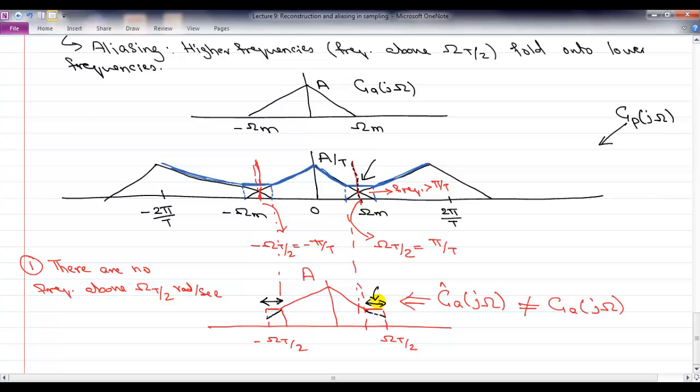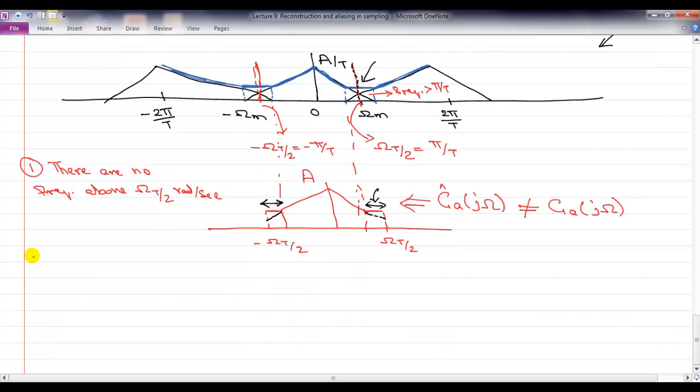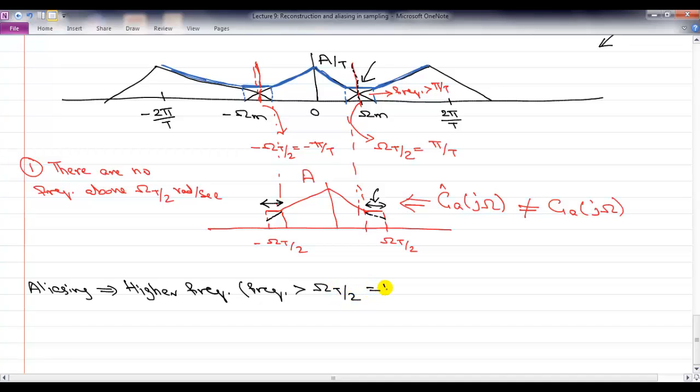And that's effectively the concept of aliasing. Aliasing is the concept where higher frequencies, and higher always means frequencies above your Nyquist frequency, so omega_T by 2, okay, or pi by T radians per second, fold onto lower frequencies.